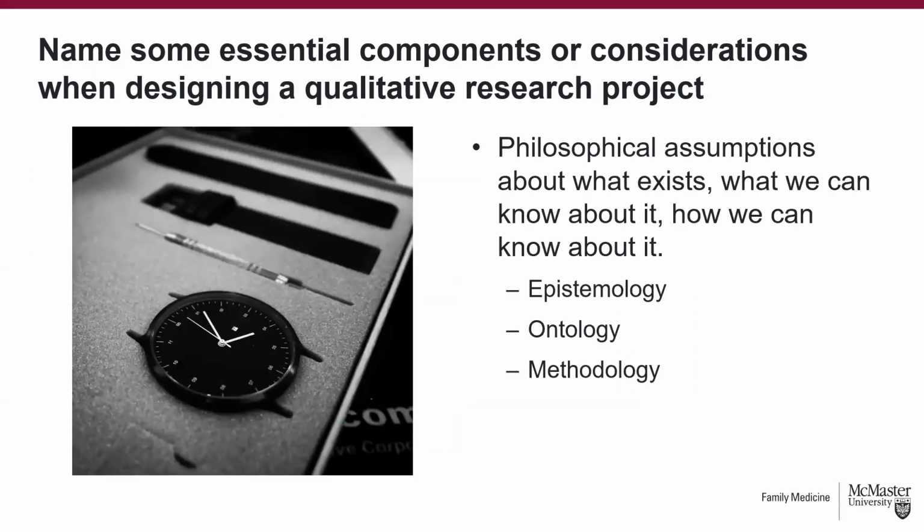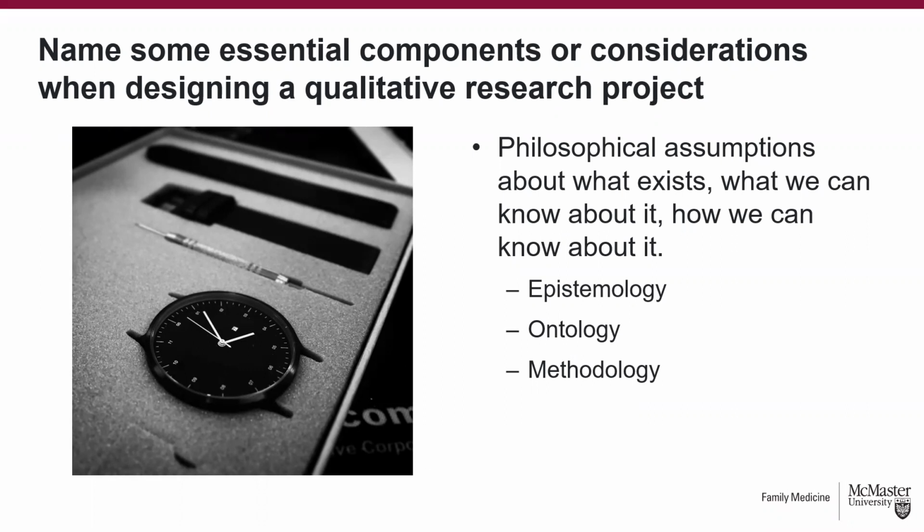The first essential component of a qualitative research project is the philosophical assumptions. This sometimes is called a worldview or a paradigm, but they are a set of assumptions about what exists, what can be known about it, and how we can know those things. Typically these are referred to with these 3 words here: epistemology, ontology, methodology.